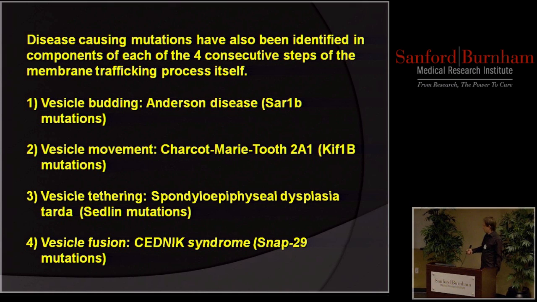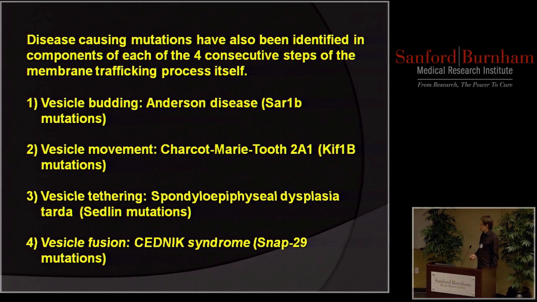An example of a disease that affects vesicle movement is Charcot-Marie-Tooth 2A1, which is caused by mutations in the motor protein KIF1B. And one of their phenotypes is that synaptic vesicles in the axons of neurons fail to move along the cytoskeleton.